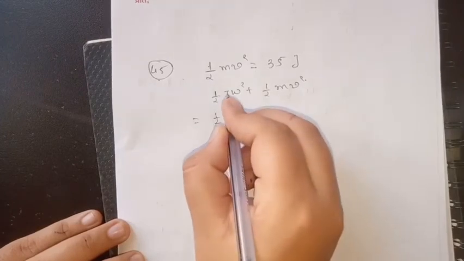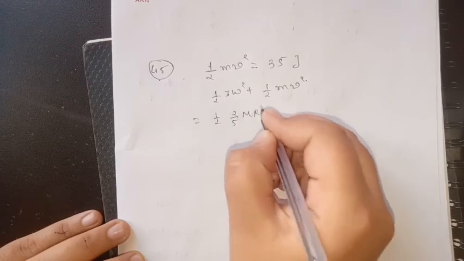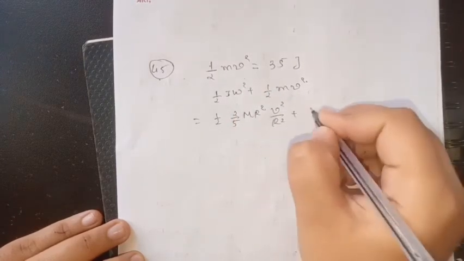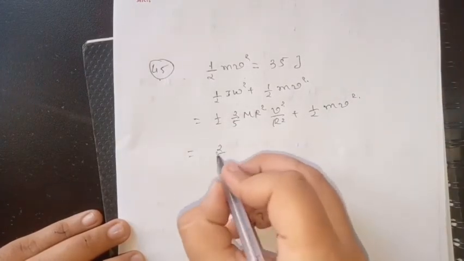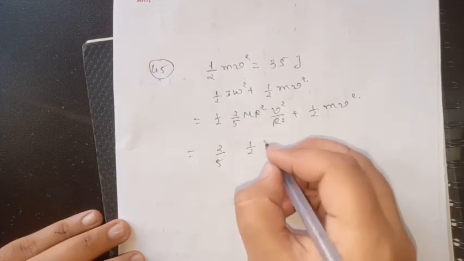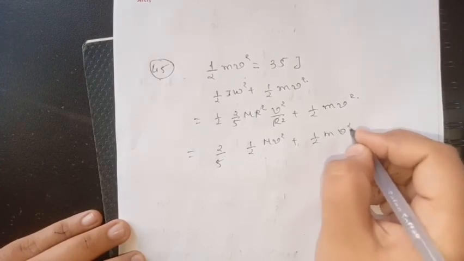Half moment of inertia of solid sphere is 2 by 5 mr square. Omega square we can write as v square upon r square plus half m v square. So this can be written as 2 by 5. This r square will get cancelled out into half m v square plus half m v square.